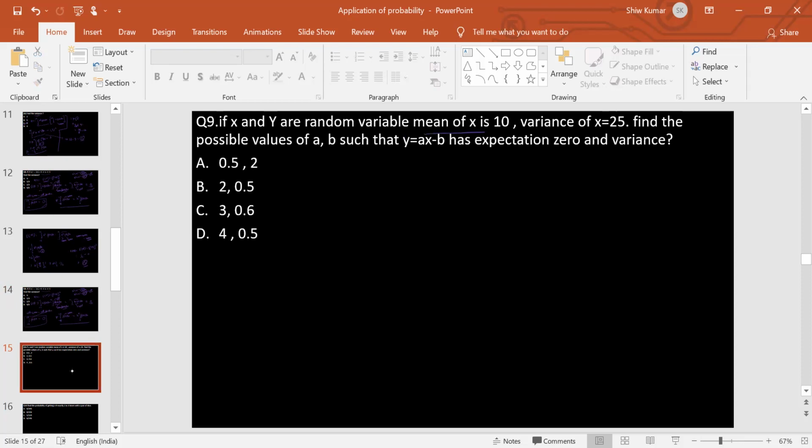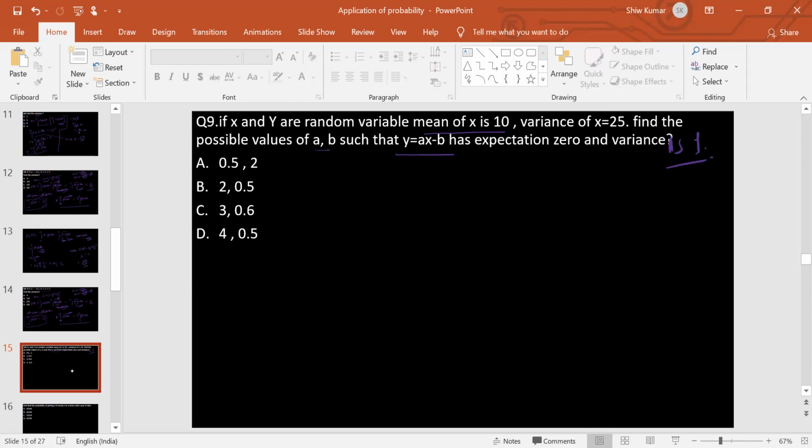Find the possible values of a and b such that y equals a times x minus b has expectation 0 and the variance is 1.